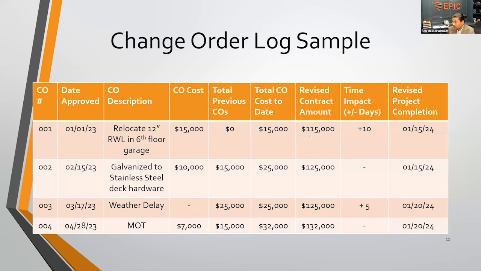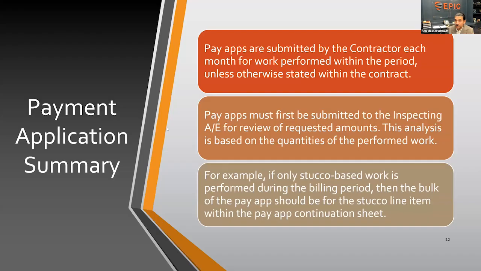So this would be a $100,000 contract plus the $15,000 gets you to your 115. And that overall time impact, 10 days. So you'll see that 10 days was added on to this value. The project was originally intended to be completed on the 5th of January, 24, and it just keeps on running down, running down, running down. This is going to be super easy to keep track of everything. It's very common practice for a large scale project.